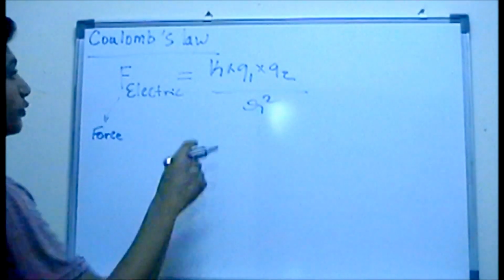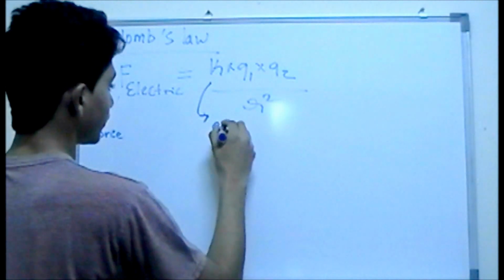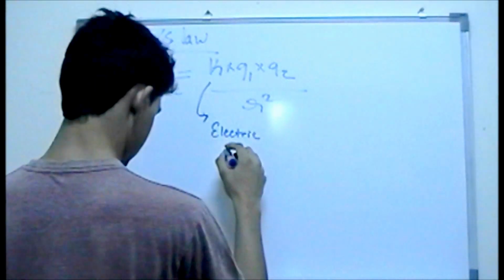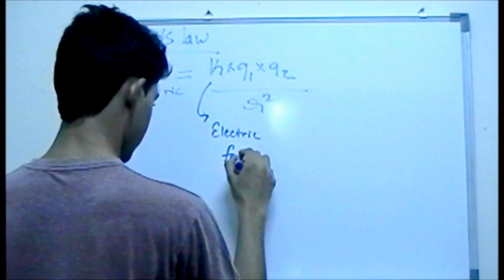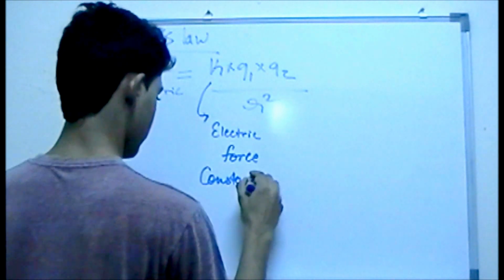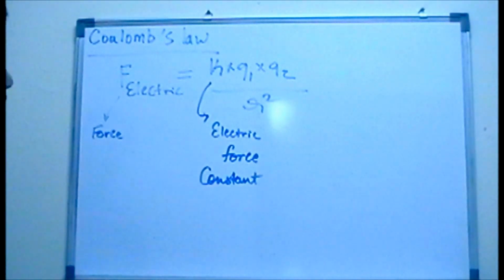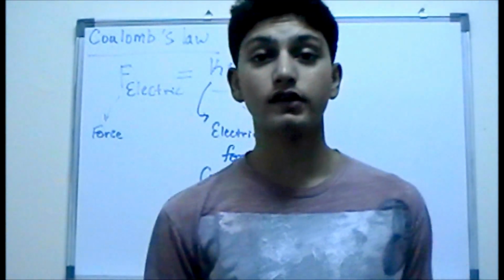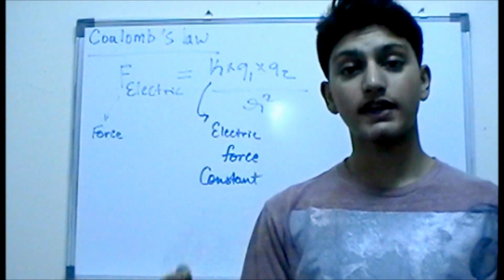K is representing the electric charge constant, and we all know K is always equal to 9.0 times 10 raised to the ninth.